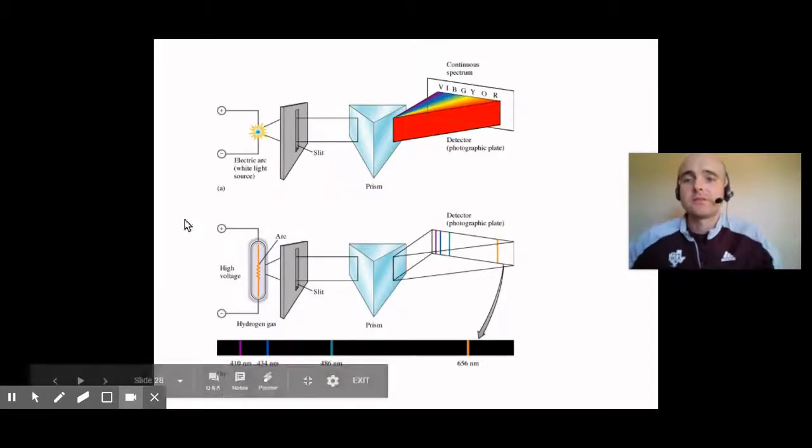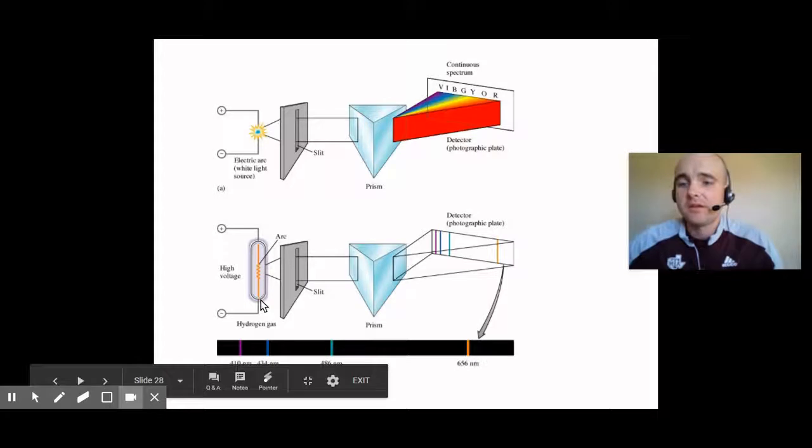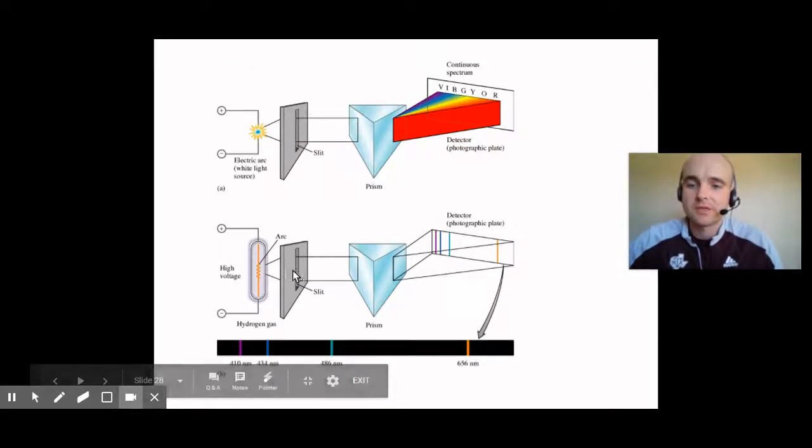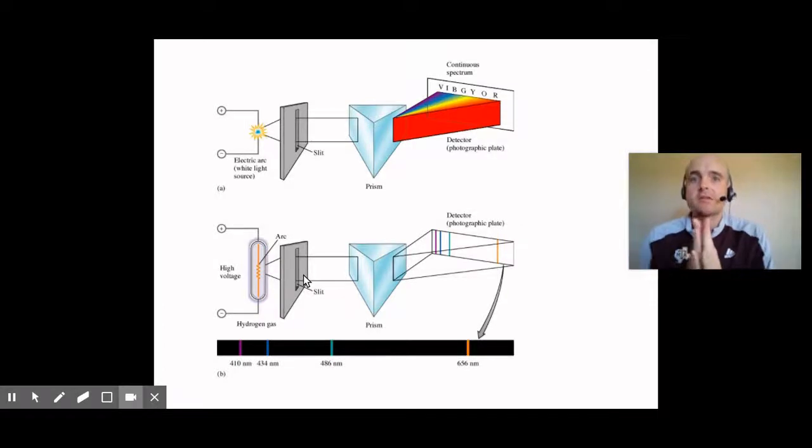Here's a nice little picture with the tube that I had before. It will be jolted with some electricity, and then it will pass through a tiny slit just to narrow down all the photons. As the photons are narrowed down and move through the prism, they will be dispersed into different colors, and they will produce single lines here.